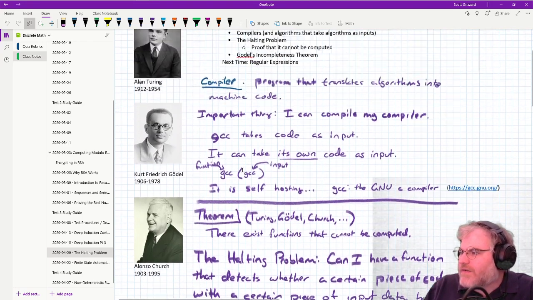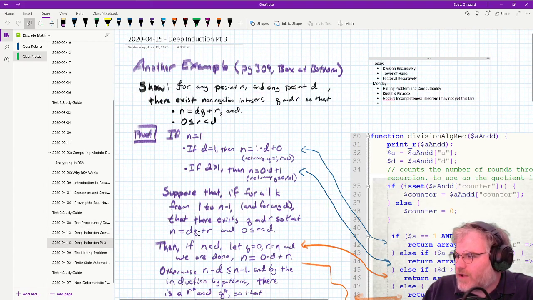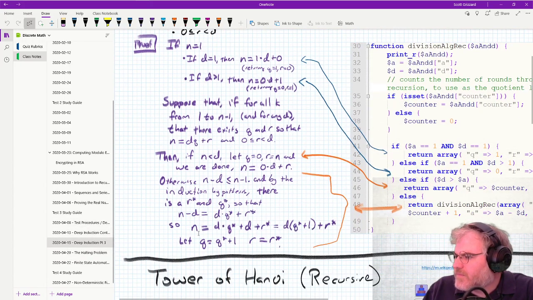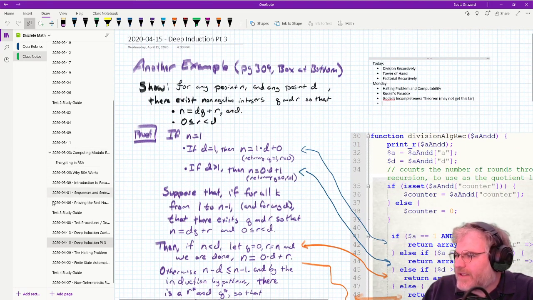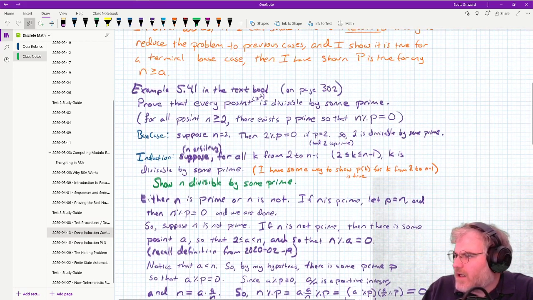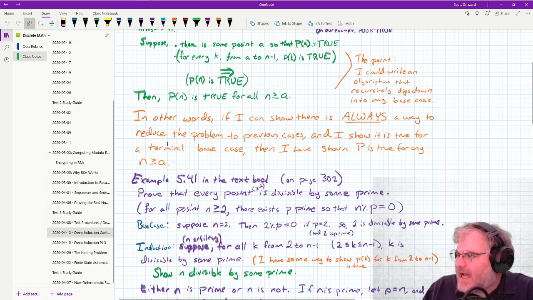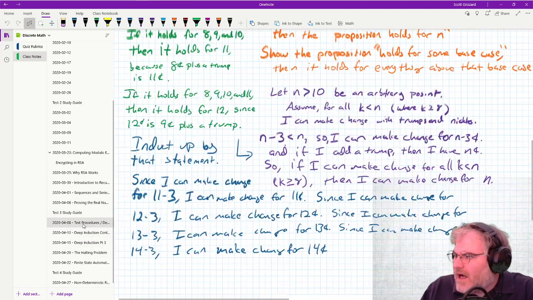So reading and understanding these proofs is important. I could ask you about the idea about a machine taking its own code as algorithm, and I could compare that to a recursive function. This is good. The fact that I can induct and I find that there's a positive integer.